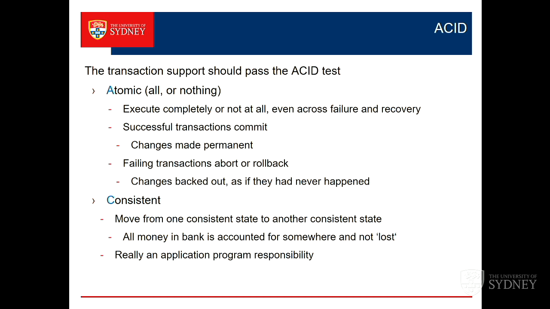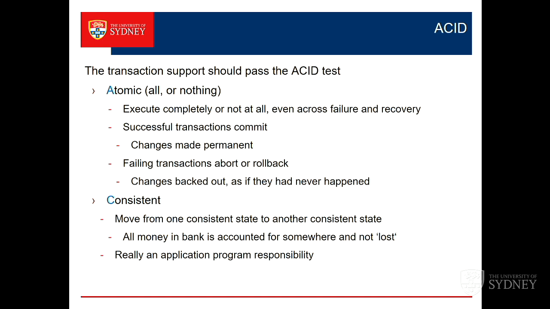It must either move the system from one good state to another good state, or it must never have happened. So if something fails, then something will take care of making sure that transaction never existed. It will have been written out of existence. No incomplete transactions. They're atomic.